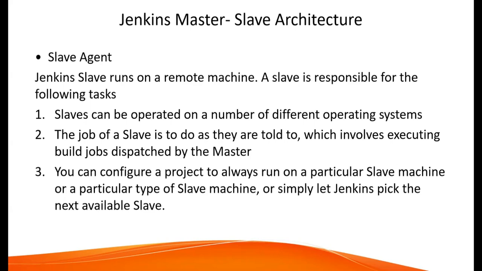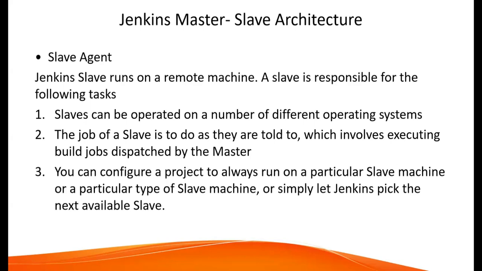The second task of the slave agent is to do what it is told to do by the Jenkins master, which involves executing the build jobs dispatched by the master. That's the role of the master: to distribute its workload to the slave agents so that they can execute the tasks.